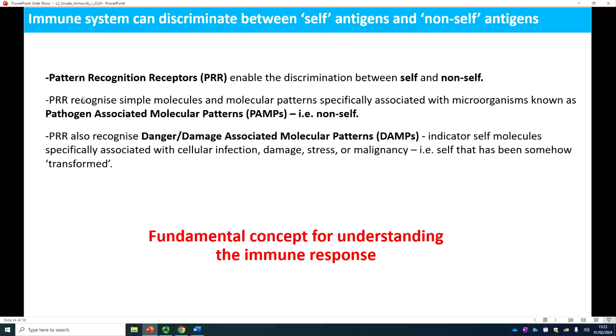So they're able to recognize the pathogen-associated molecular patterns on a pathogen, which is obviously non-self, but they're also able to recognize the damage-associated molecular patterns that can be associated with perhaps infection or transformation of a cell, so malignancy, and that's how the innate immune system can play a role in detecting a malignant or transformed cell. So that's really a key process that you need to remember and get your heads wrapped around.